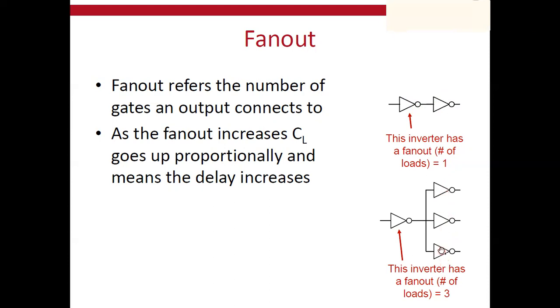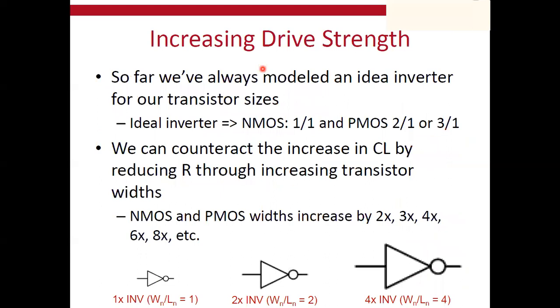With these three logic gates connected, if we say that generally we have a CL capacitance, in this graph we have 3 CL, which means proportionally 3 times the delay. That's why the fan-out is a very important parameter in your design.